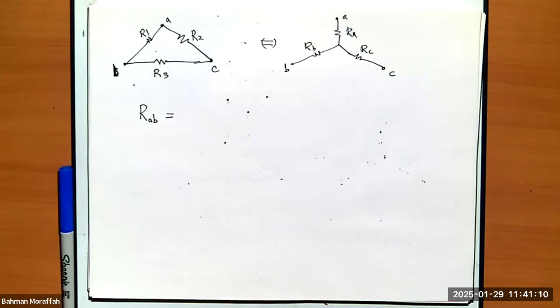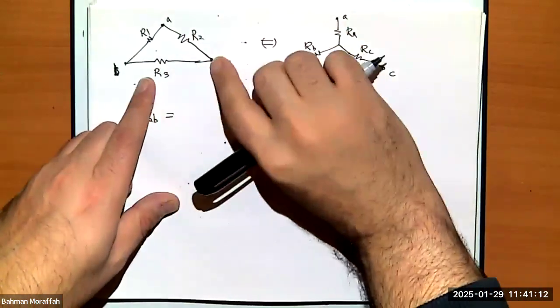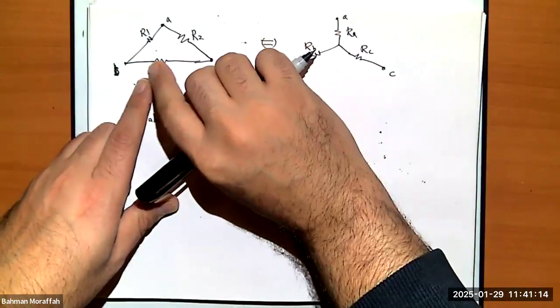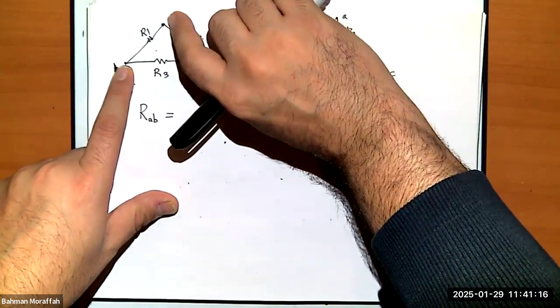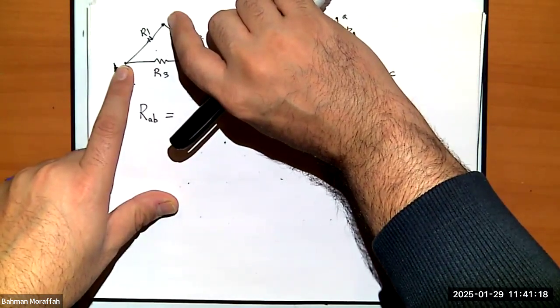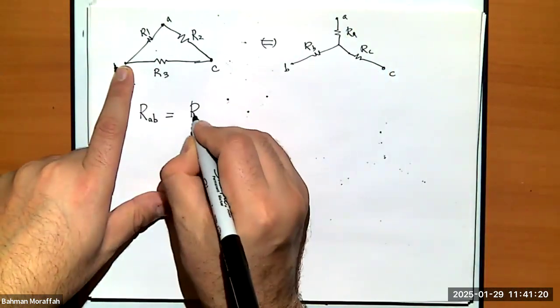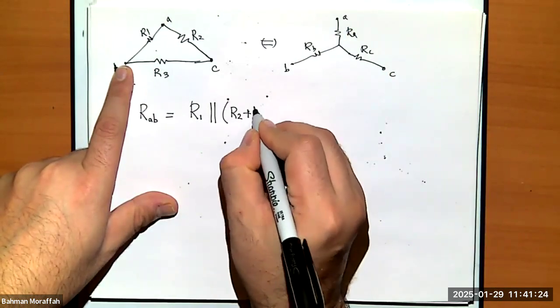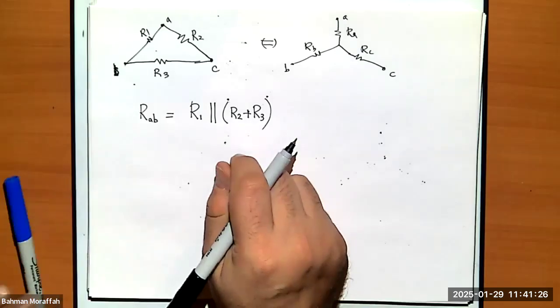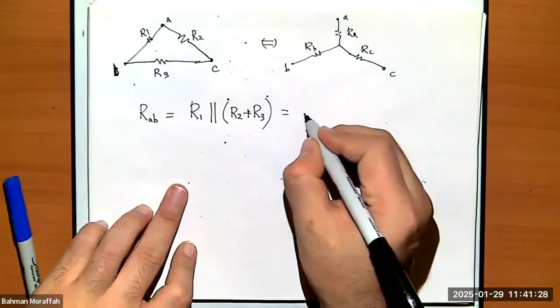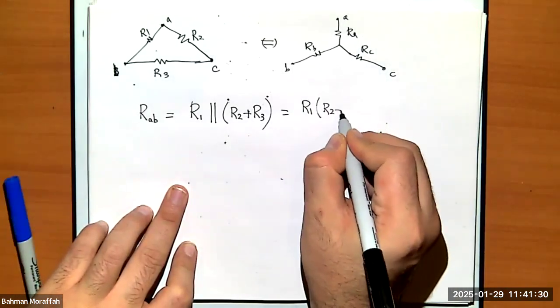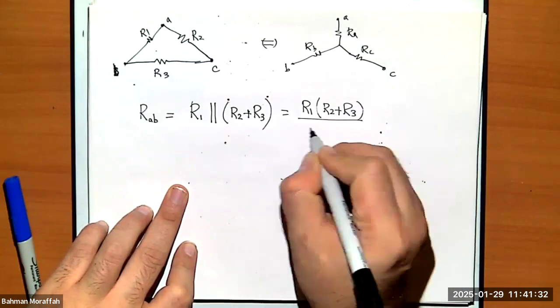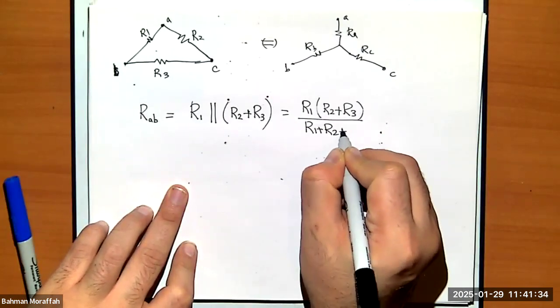These two are in series, and since they're sharing the exact same head and tail with R1, they're in parallel. So I have R1 in parallel with R2 plus R3, and I know the formula for this: R1 times (R2 plus R3) divided by (R1 plus R2 plus R3).